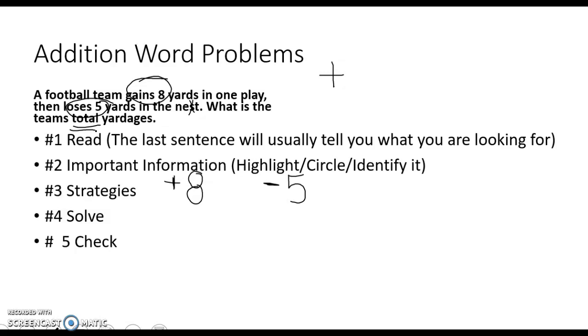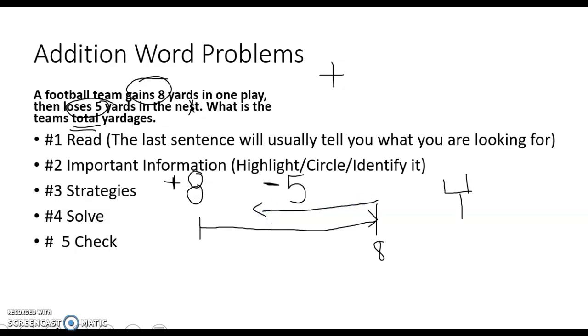Some of the strategies we can think about is if you wanted to even draw a football field. I'm not going to do that. I'm no artist by any means. If we think about +8, there is the gain of 8 yards when we've gone +8 in the positive direction towards the field goals. Then when we lose 5 yards, we are going back 5 yards.